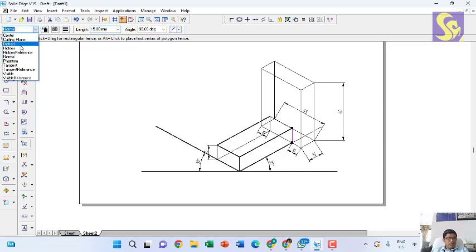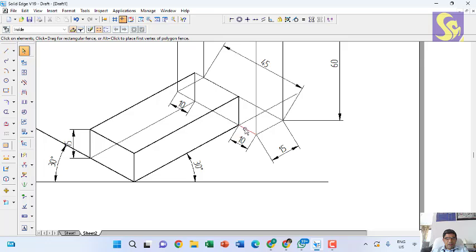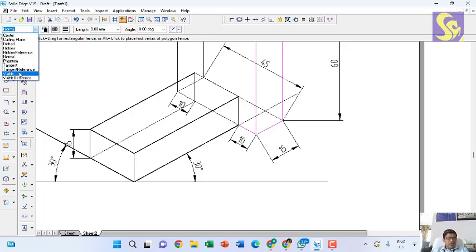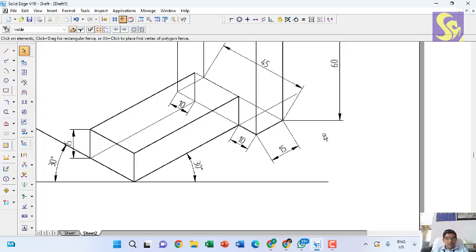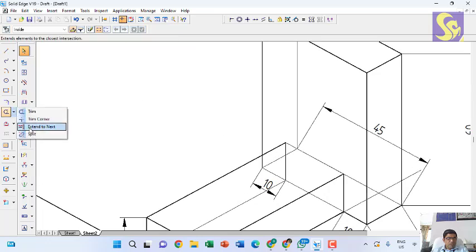This line is visible. They are visible. Visible.